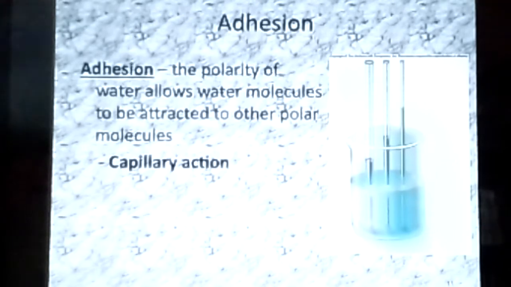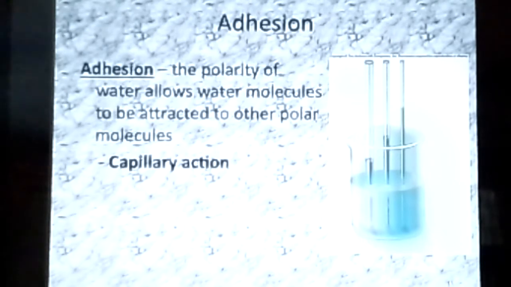The combination of cohesion and adhesion is called capillary action. This is what allows water to move up into a plant by way of the roots and the stems. What happens is water attaches to itself at the bottom of the roots, cohesion. Then as the water attaches to the root itself, you have adhesion, the polar water attached to the polar root.